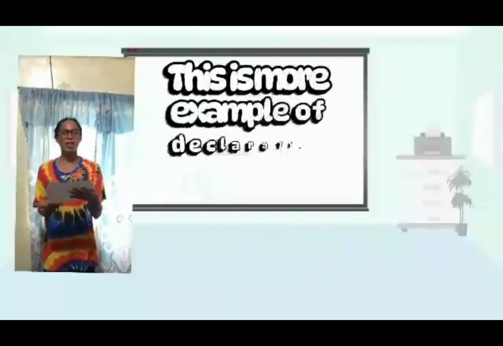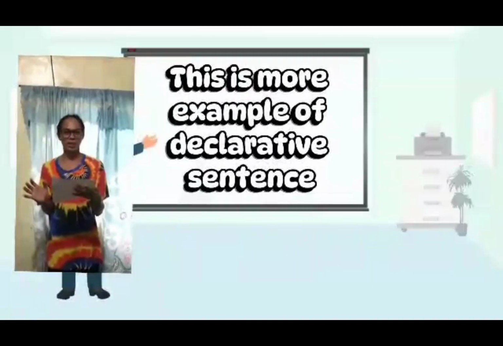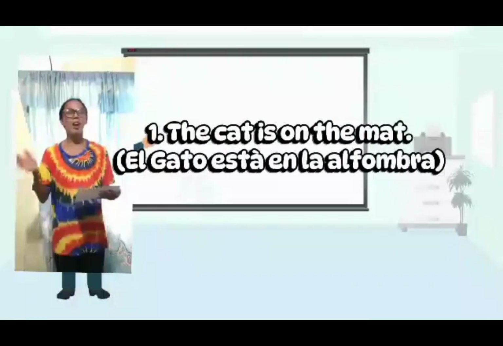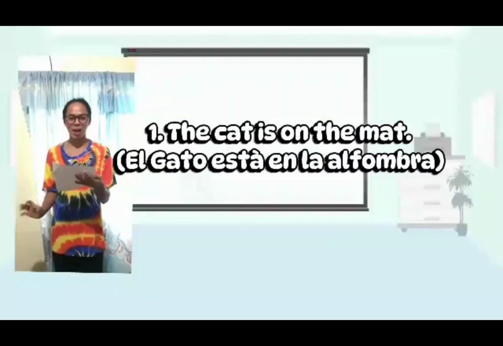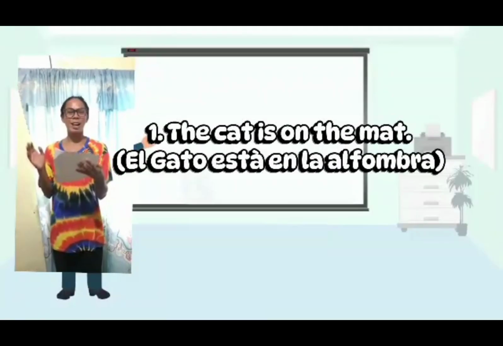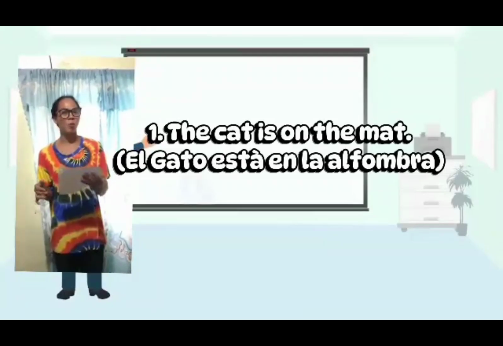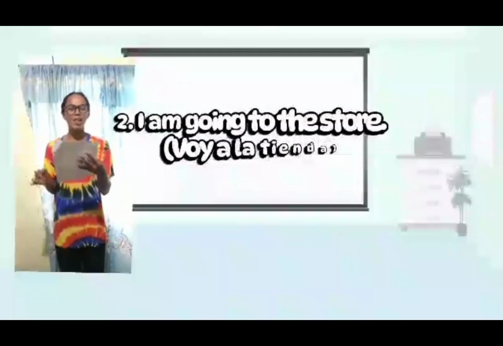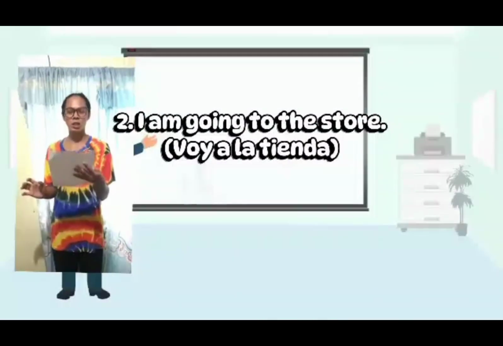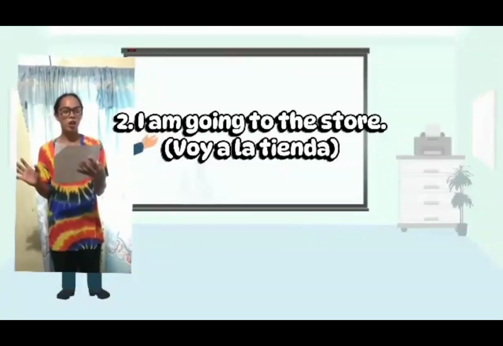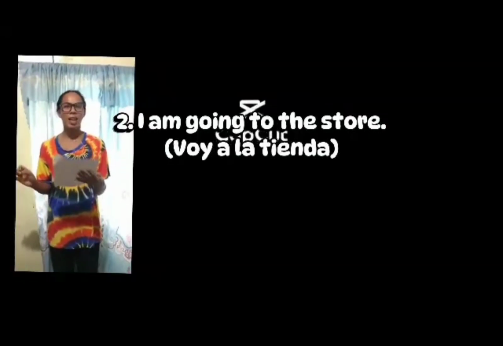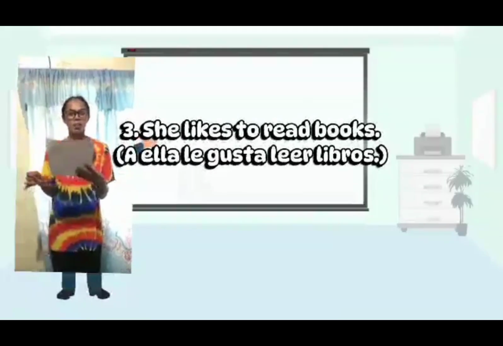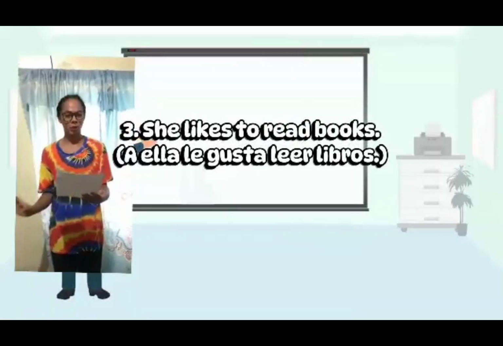This is more examples about declarative sentences. First, the cat is on the mat. In Spanish, el gato está en la alfombra. Second example, I am going to the store. In Spanish, voy a la tienda. Third, she likes to read books.